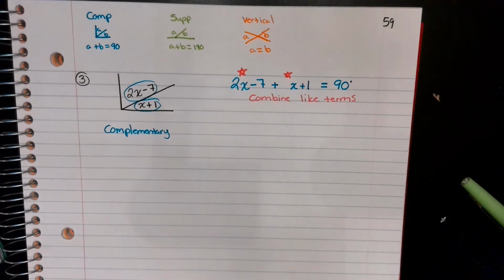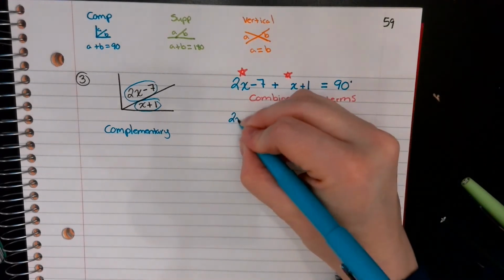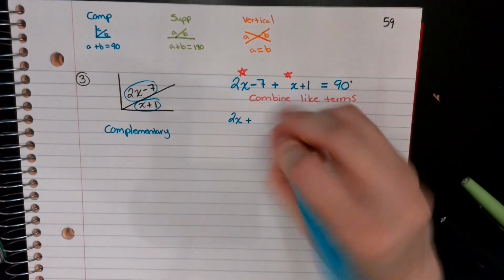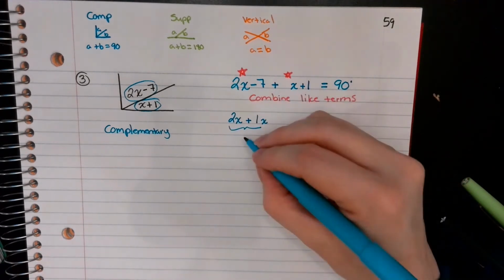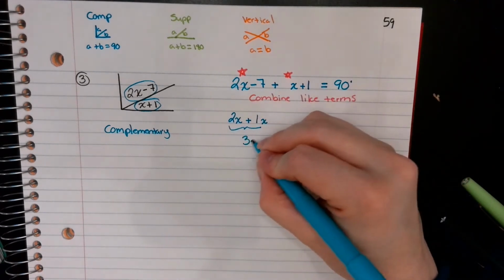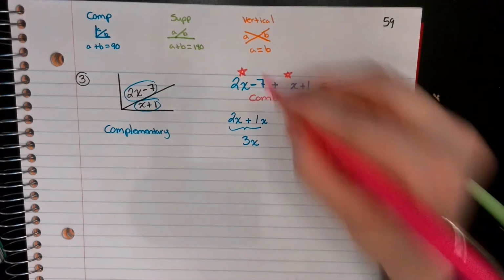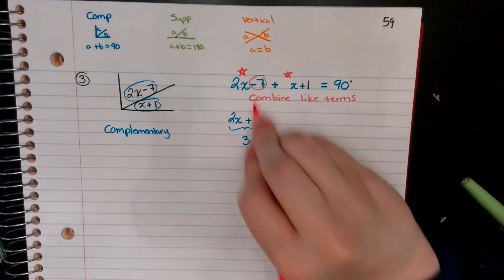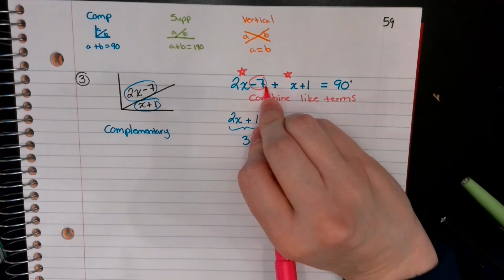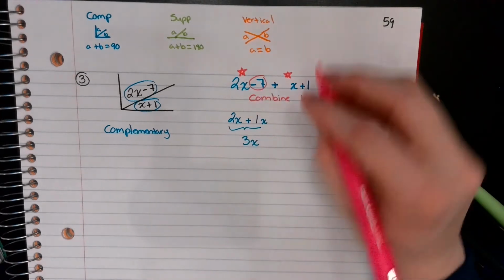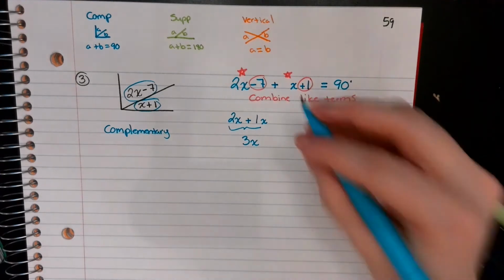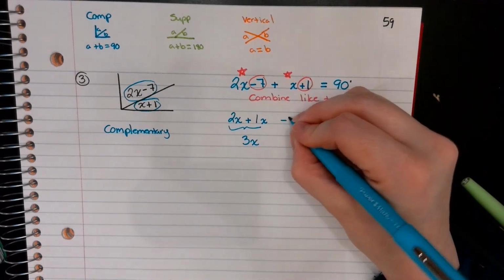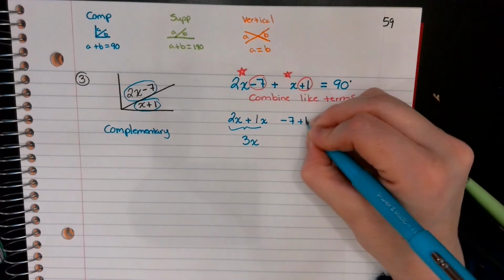We know that those are like terms, so we have to do 2x plus, that's technically a 1x. When we combine those together, that is going to give us 3x. Then we also have the like terms of a negative 7. Remember that minus 7 acts like it's a negative 7. And a positive 1 or a plus 1. So that we have negative 7 plus 1.